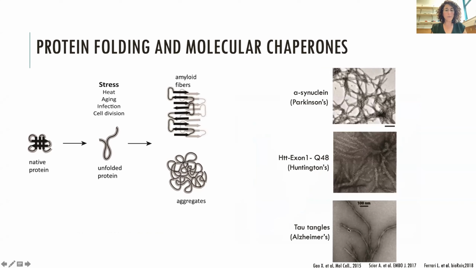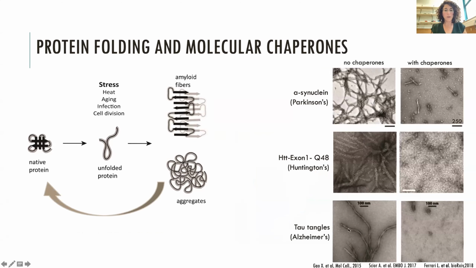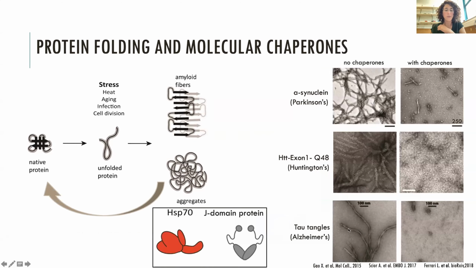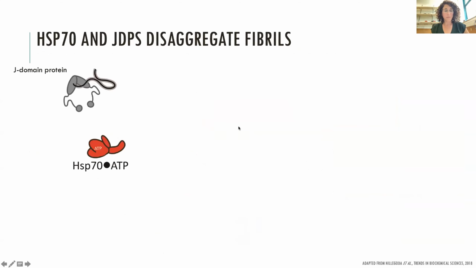The good news is that we have machinery that can counteract this. And these are molecular chaperones. And it was recently identified that HSP70, a molecular chaperone, together with its co-chaperone, the J-domain protein, can reverse this process and disaggregate amyloid fibers. And the way these proteins work together is as follows. The J-domain protein recognizes substrates or clients.